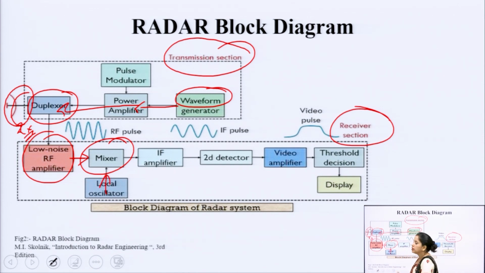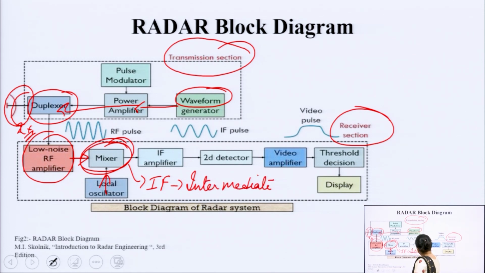Here the signal from the local oscillator combines in the mixer, and it generates the IF signal, or we can say the intermediate frequency. And this is the IF amplifier, which will amplify, because the power of the intermediate frequency signal is very low.